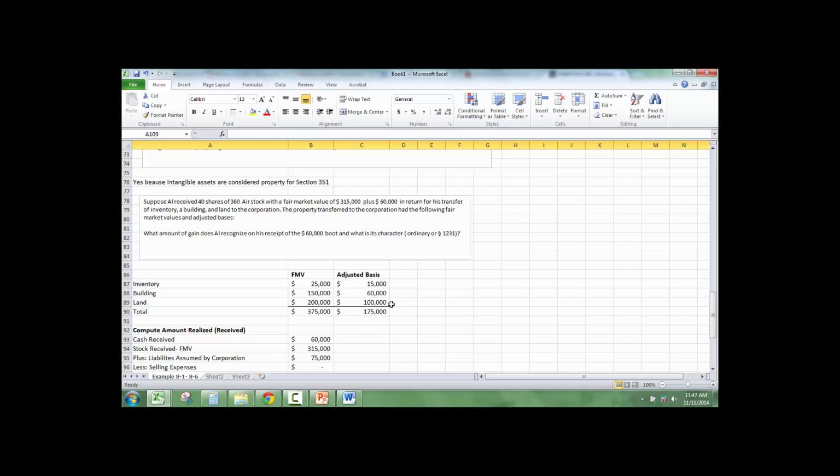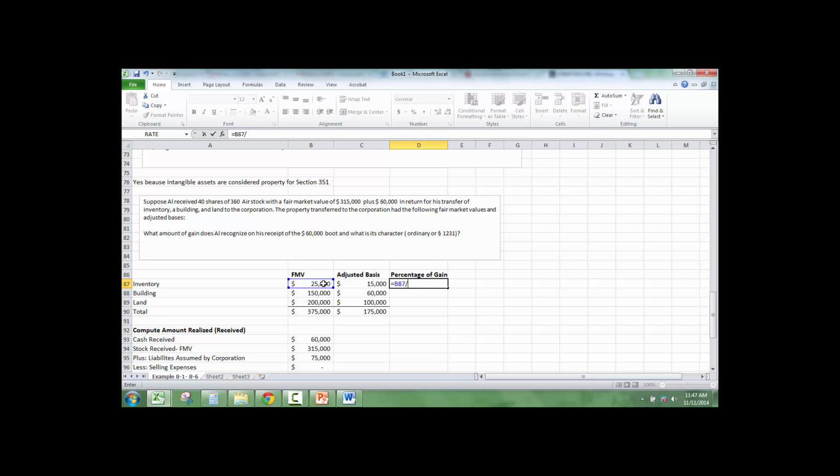So the next question is, what is the characterization of this? So we're going to go up here and we're going to do percentage of gain. And the way that we calculate the percentage of gain is we take the fair market value and divide that by the total value of the property transferred, F4. And then I'm going to make this a percentage. And basically I'm just going to drag down this formula and then gain to be allocated.